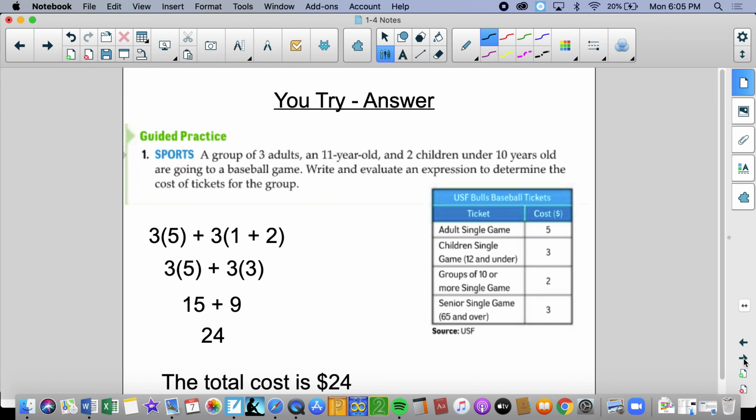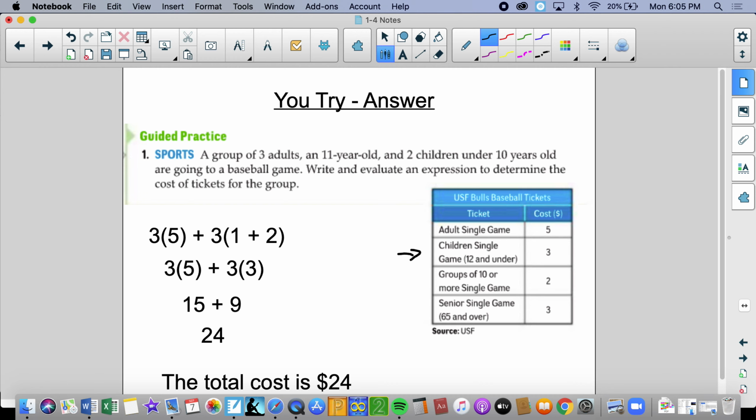Good. So we have 3 adults, and that would be $5 a piece. We have one 11-year-old and 2 children under 10. So that would be this one because it's 12 and under. So we've got a single 11-year-old and 2 under 10.